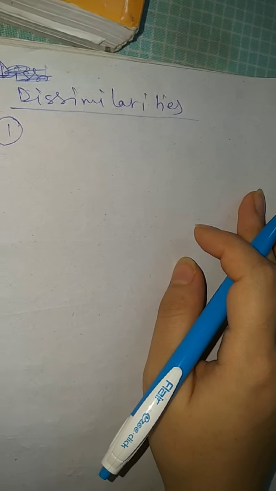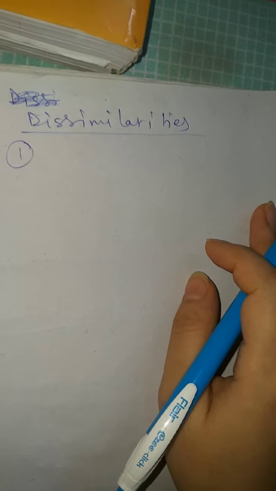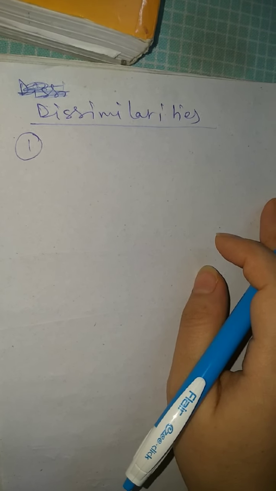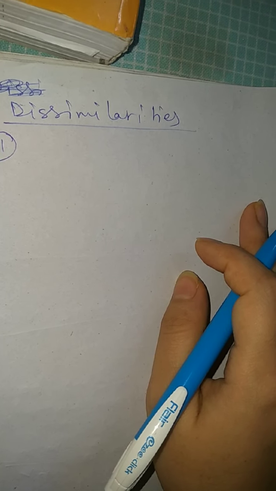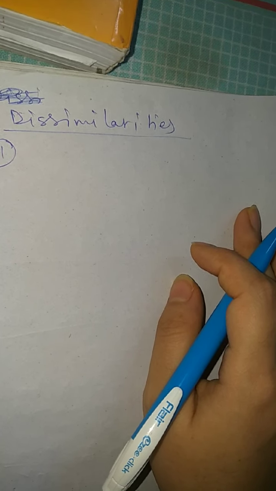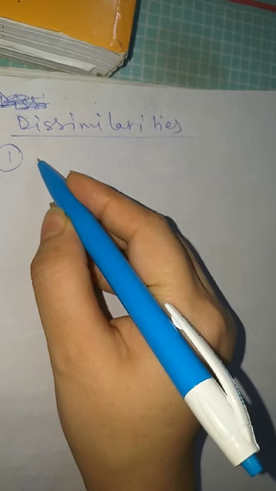The first dissimilarity is Coulomb's force is attractive as well as repulsive, but gravitational force is always attractive. So this is the first dissimilarity.